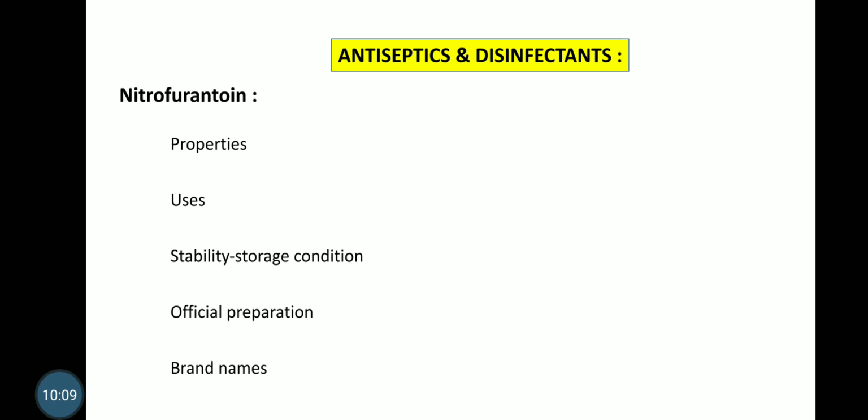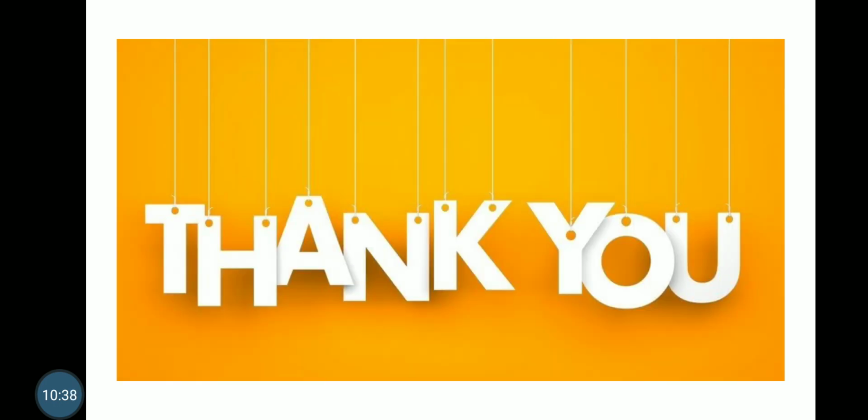From this topic, the most important are the definition of antiseptic and disinfectant, classification, structure of chloroxylenol, structure of proflavin, and uses of benzalkonium chloride, proflavin and nitrofurantoin. These are repeatedly asked in your annual examinations.